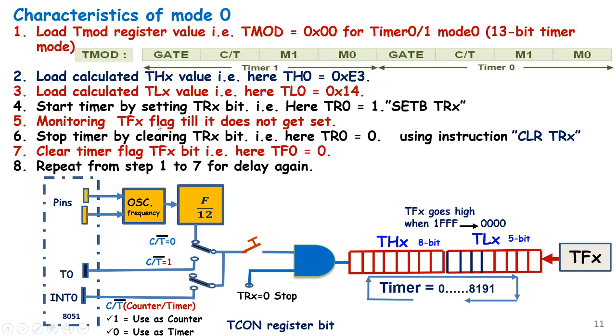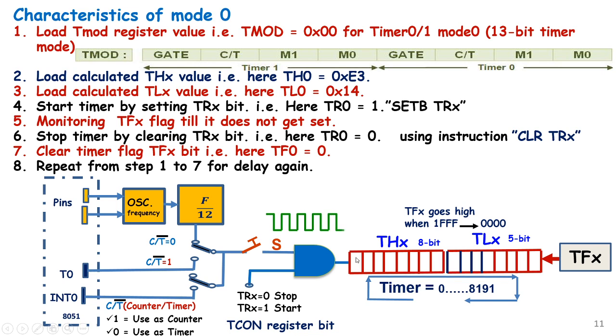This counter is the mode 0, 13-bit timer or counter. Now when this clock is provided to the gate, and when TRX is equal to 1, we start the timer or counter, then the switch is closed, and like this clock pulses are given to the timers.